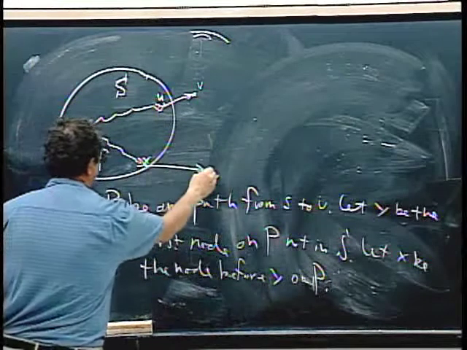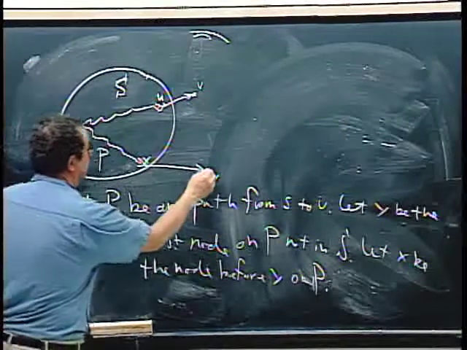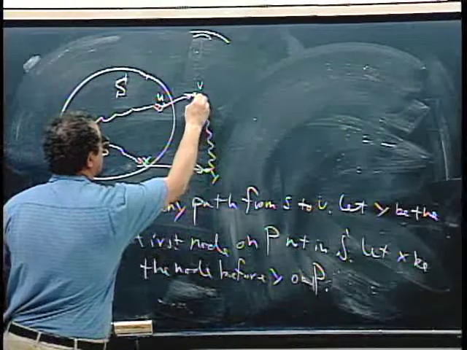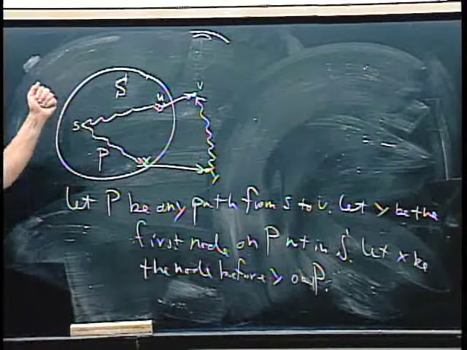This is x, this is y, and this is an alternative path, and so from y it goes by some path to v.